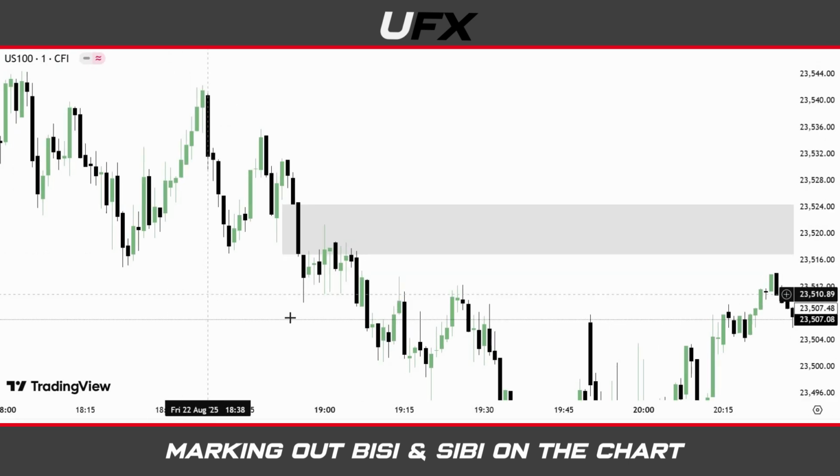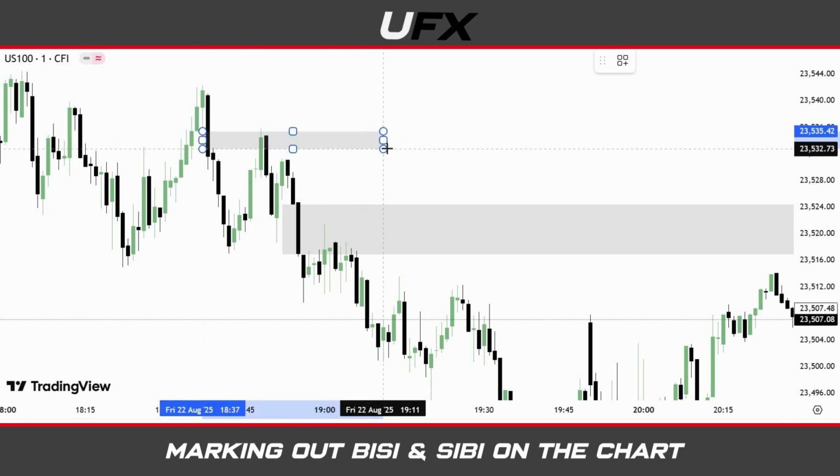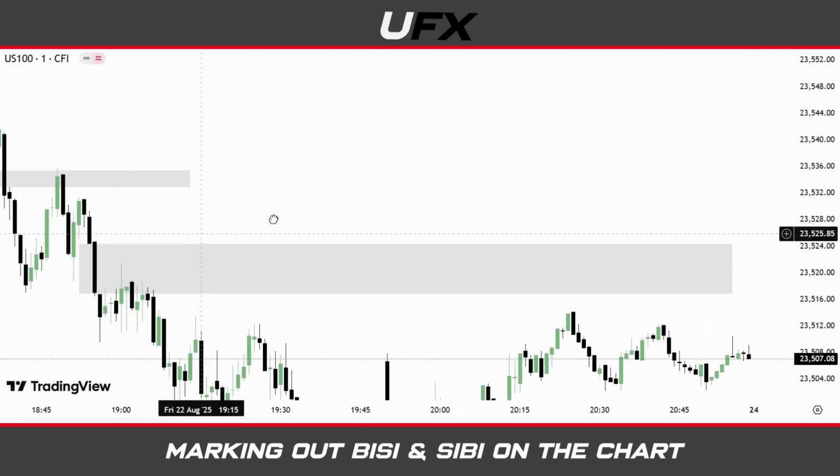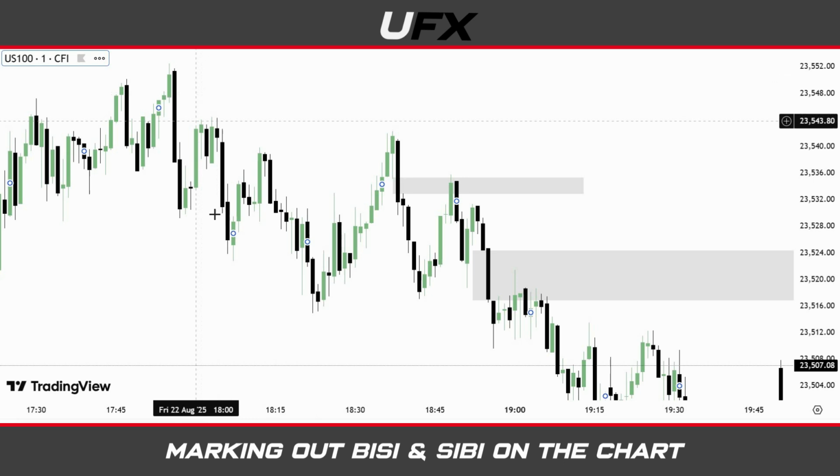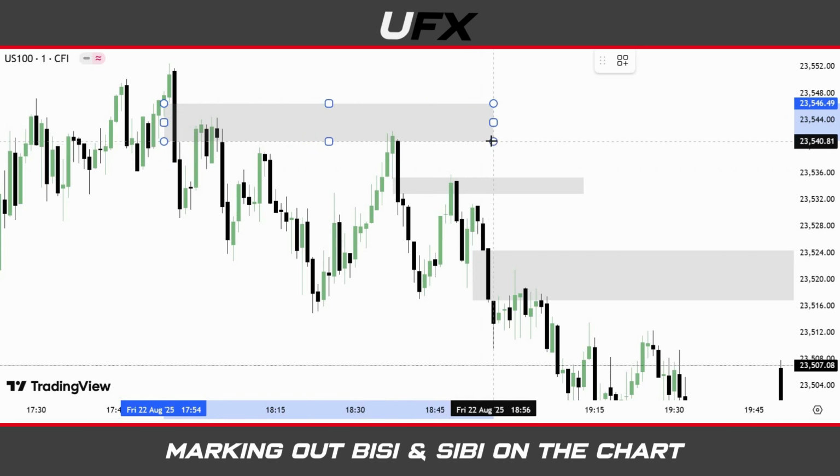Here you can also see another one. We have a fair value gap, price taps within it, and then the algorithm redistributes price lower. Here you can also see another CB created, price taps within it.